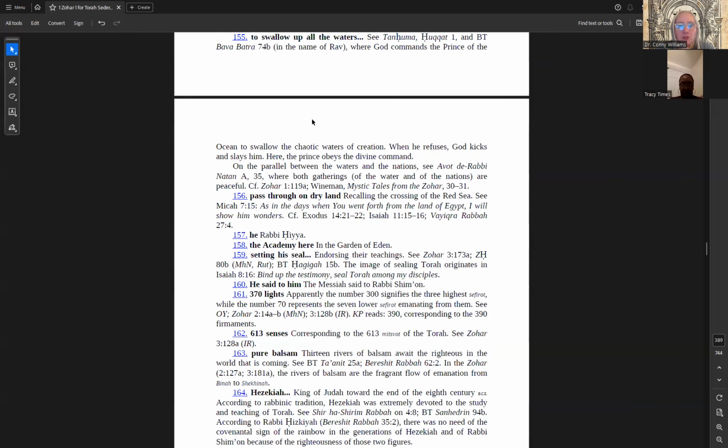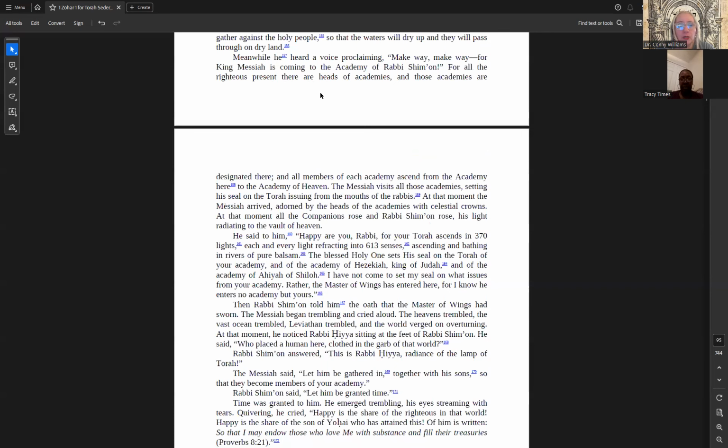To swallow up all the waters, where God commands the prince of the ocean to swallow the chaotic waters of creation. When he refuses, God kicks and slays him. Here, the prince obeys the divine command. On the parallel between the waters and the nations, and then it gives us a bunch of references, which you can look up on your own time.